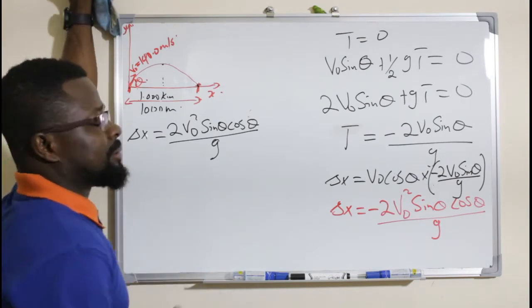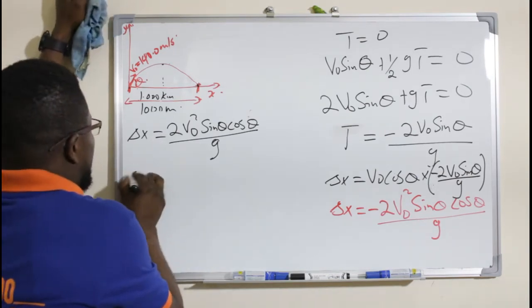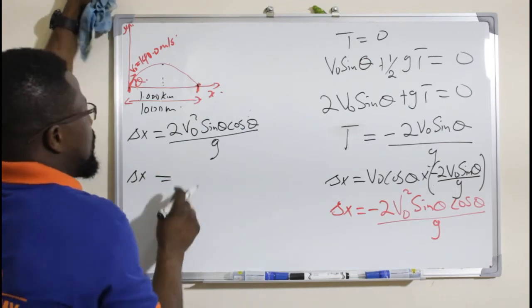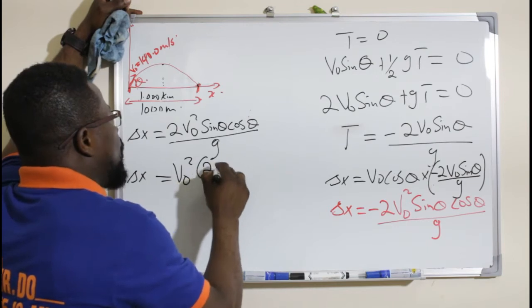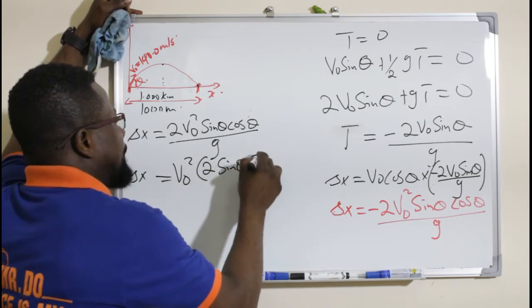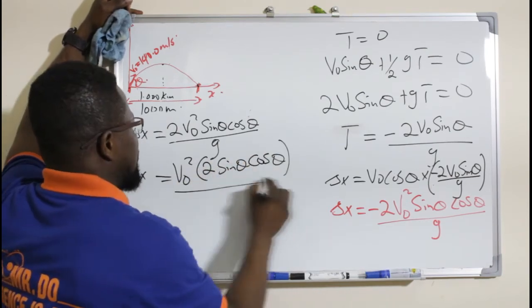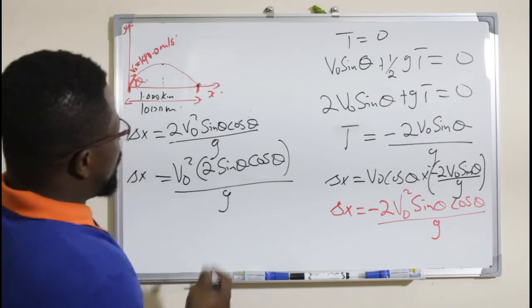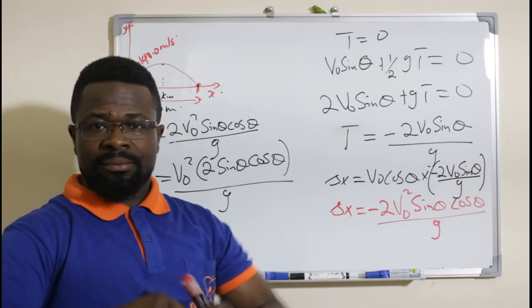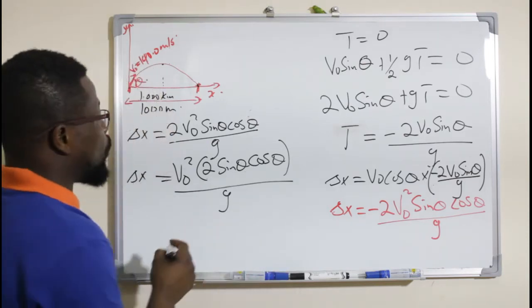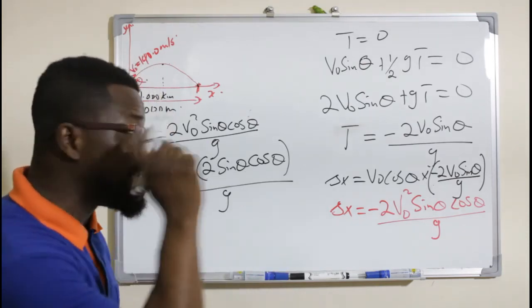here. What is that? If you have your knowledge of trigonometry, we can see that I can say this is v naught squared into 2 sine theta cos theta divided by g. And what is this 2 sine theta cos theta? It is an identity. And that identity is sine 2 theta.